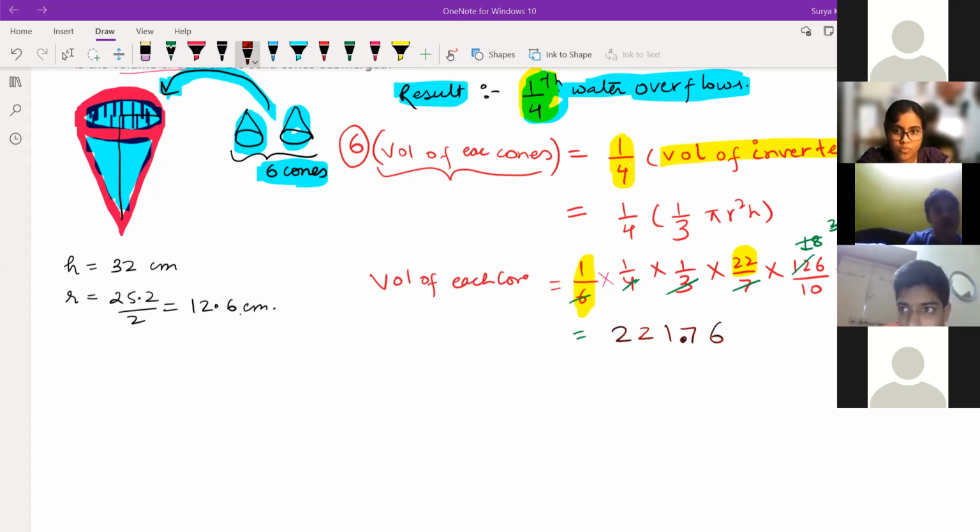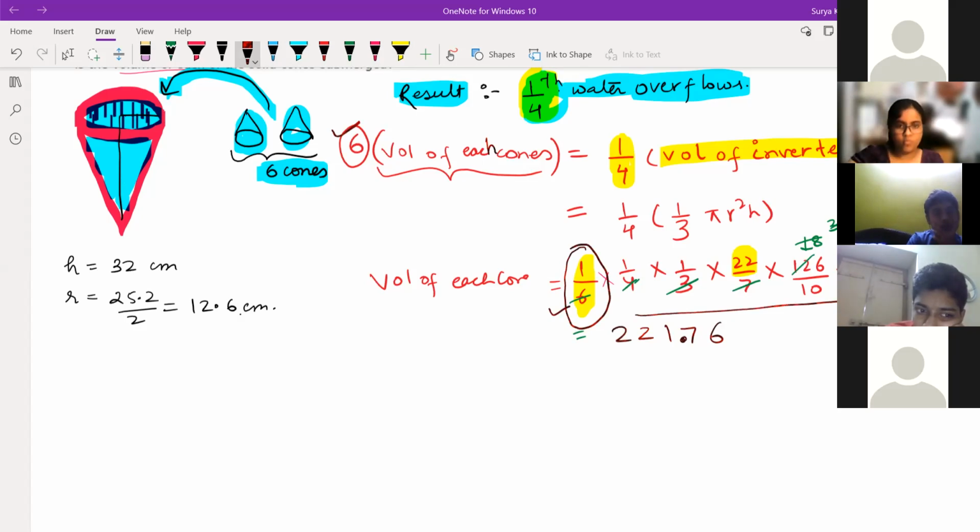Is it clear to everyone, children? Anyone having doubt in any part of it? So once again, try to understand where you might not be getting it. See, 1 by 6 might be difficult, right? Because I have mentioned the volume of each cone, and 6 cones are there, so we have to divide by 6. So 1 by 6 into 1 by 4 into 1 by 3, 22 by 7.